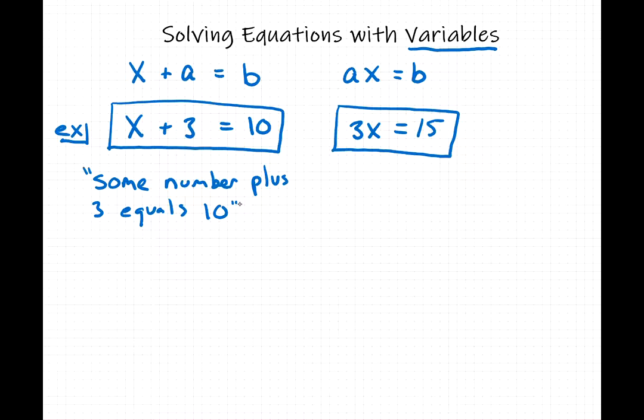And this is just one way of wording it, or you could word this other ways as well. You could say, let's say something plus 3 is 10. Just like you could say things many ways in English, you could say things many ways in any language.